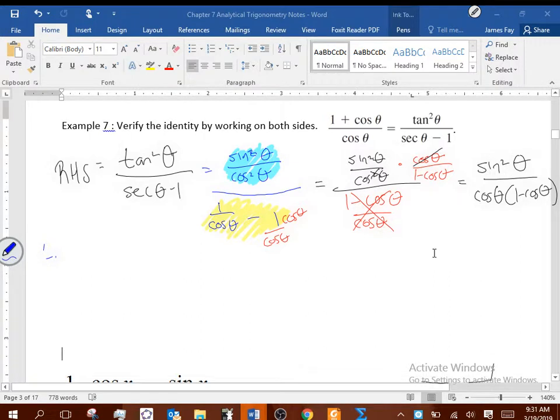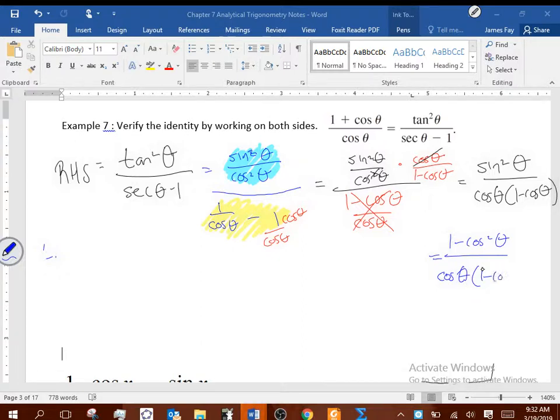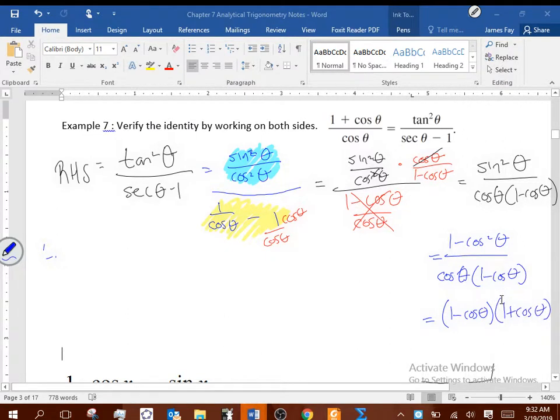So what is a substitution for sine squared? 1 minus cosine squared theta over cosine theta times 1 minus cosine theta, right? What is this numerator? Difference of perfect squares. 1 minus cosine theta, 1 plus cosine theta, over cosine theta times 1 minus cosine theta.